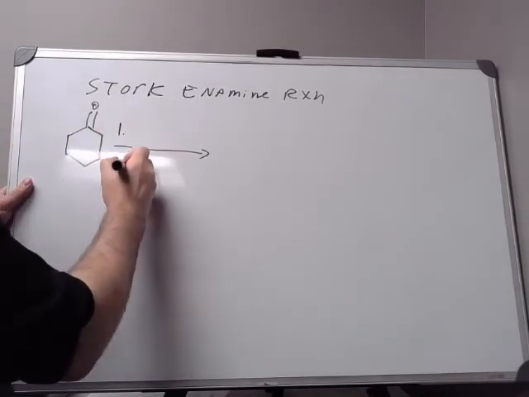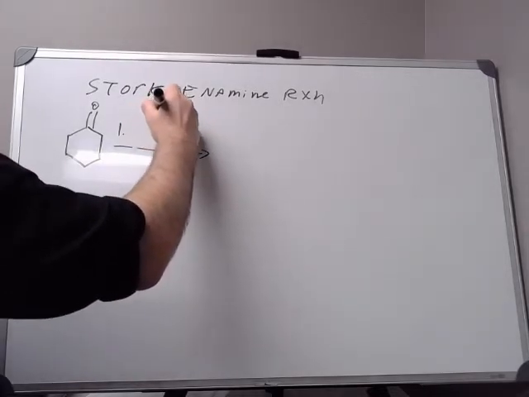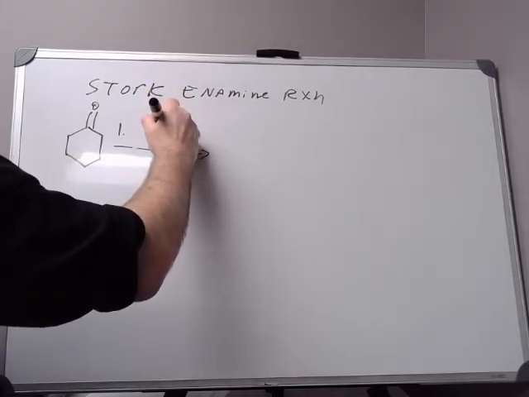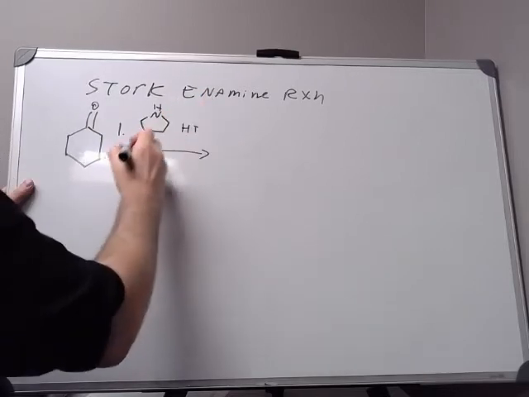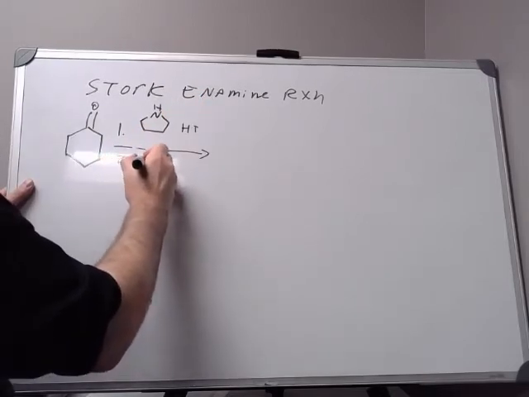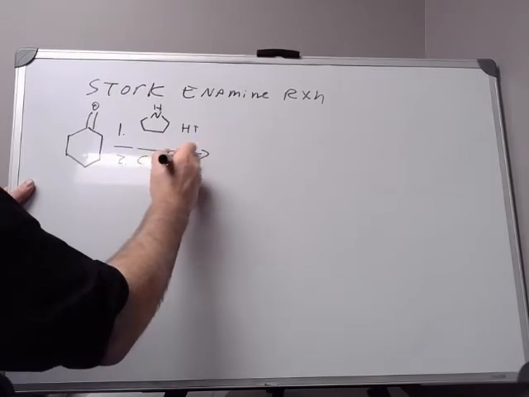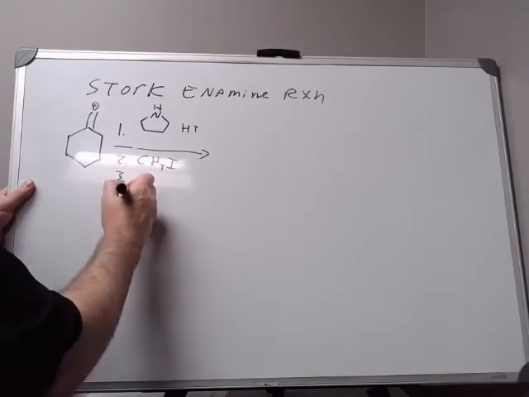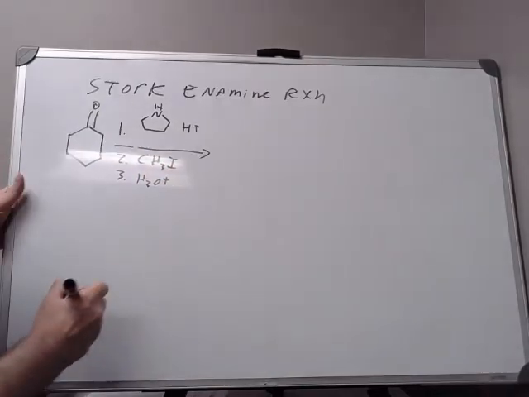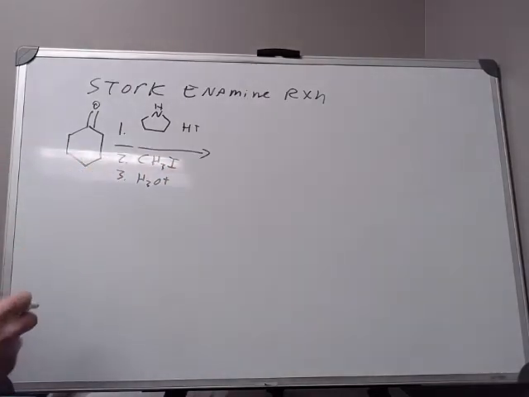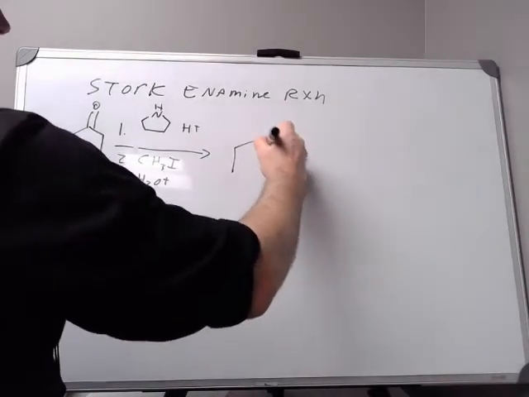In the first step, we react that with a secondary amine, with acidic conditions. In the second step, we'll react that with an alkyl halide, in this case methyl iodide. And in the third step, we'll react that with an acidic aqueous workup.